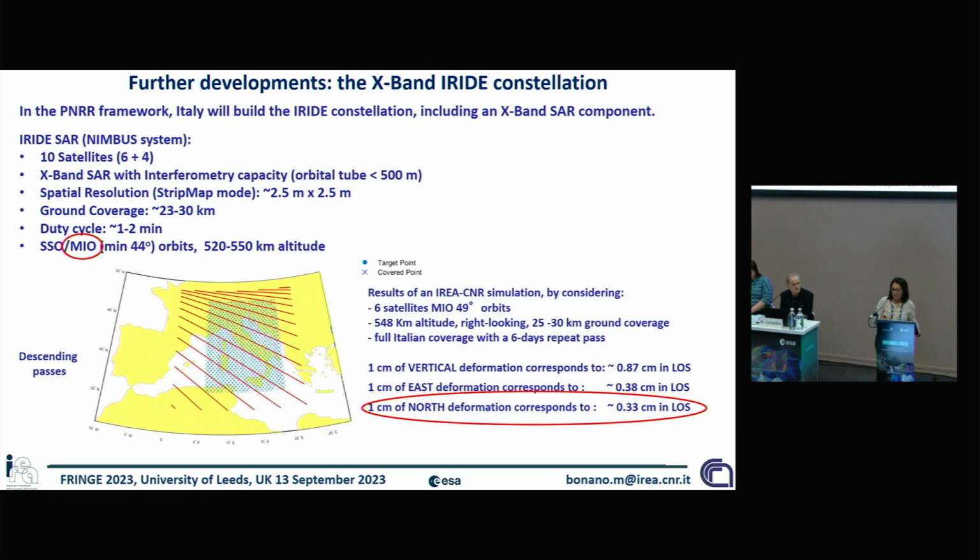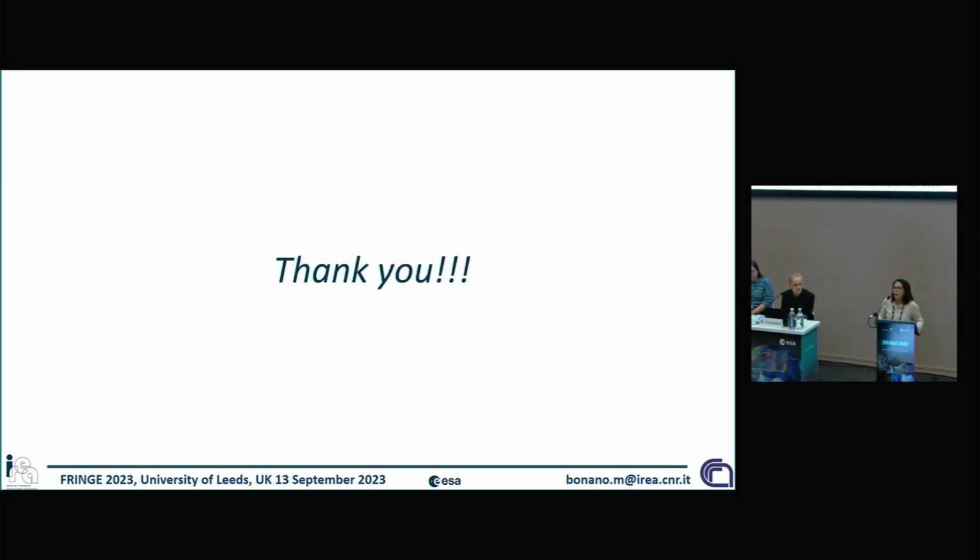So this can be very encouraging for getting in the future, maybe by benefiting from CSK, CSG and IREA data, the full 3D deformation field of, for example, the Italian territory. So we are waiting for the new constellation, and meanwhile, thank you very much.